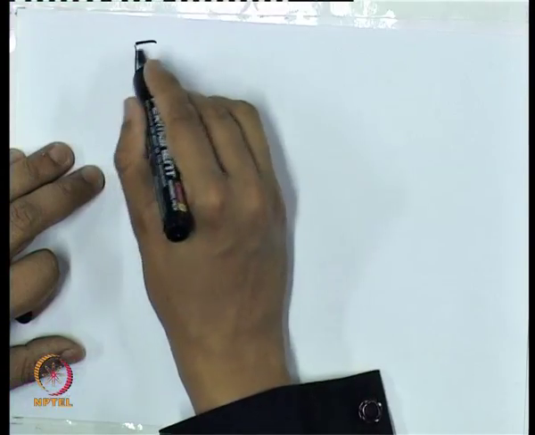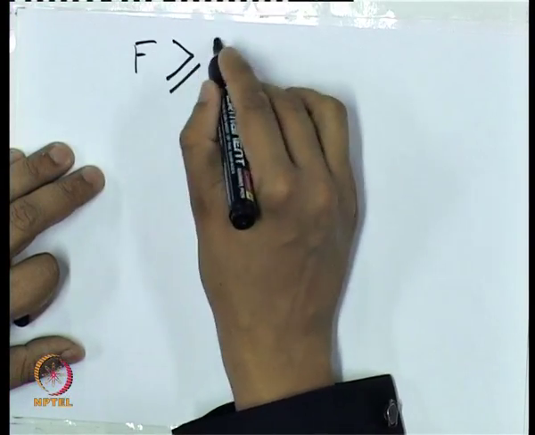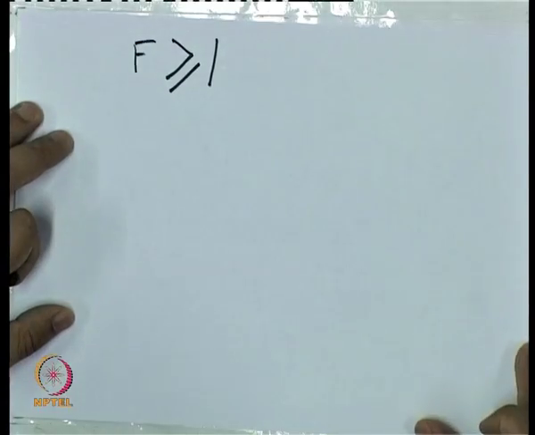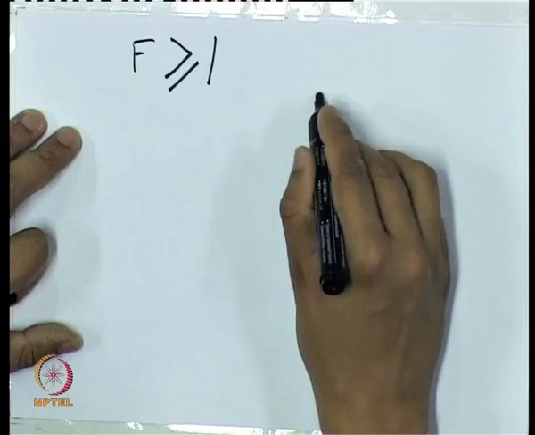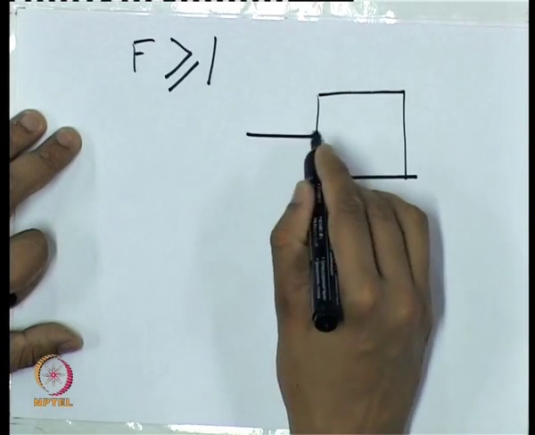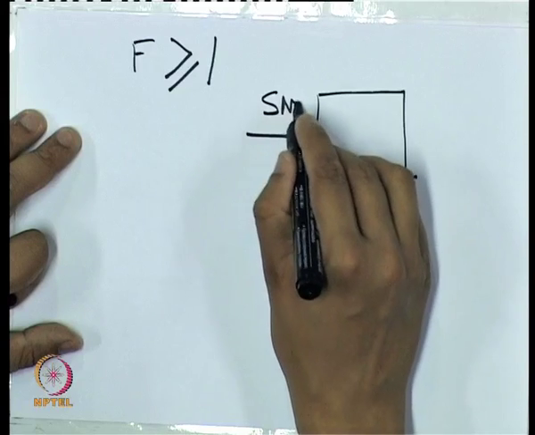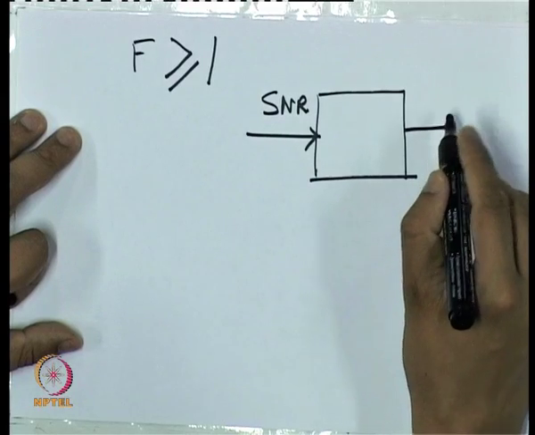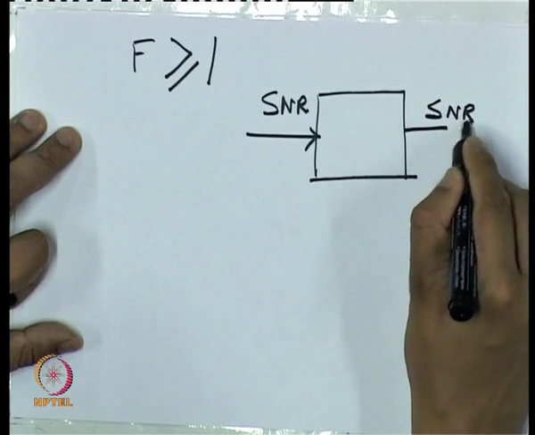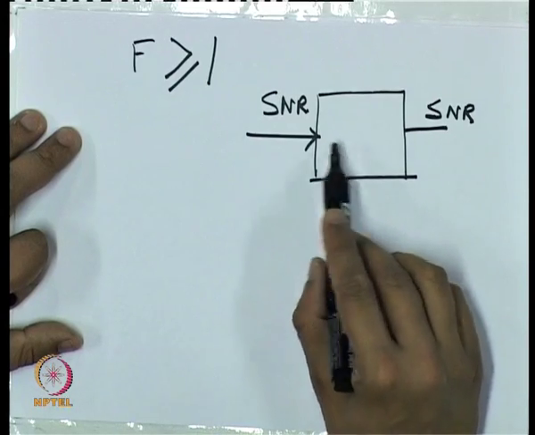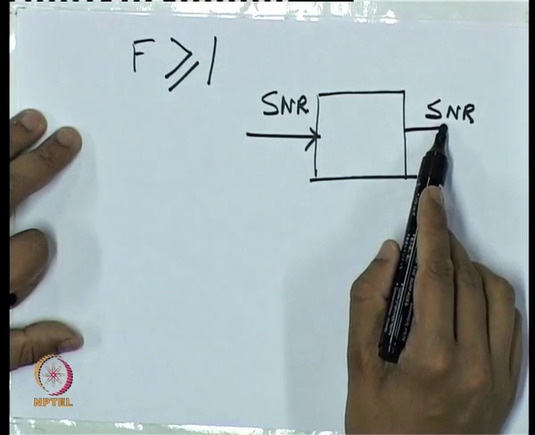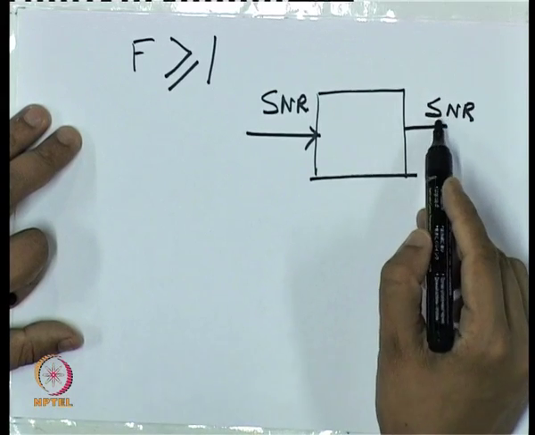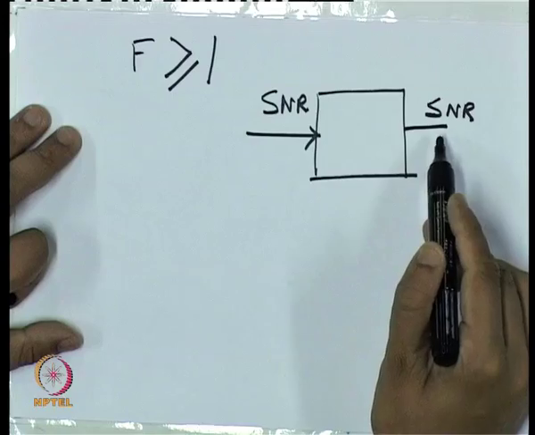Now some of the properties of noise figure are that this F is always greater than or equal to 1. It cannot be less than 1, because in any two-port network, the SNR of the input will always be greater than or at best equal to the SNR at the output. There will always be some noise contributed by a network, hence the signal quality will either remain the same or will be a little bit degraded at the output.